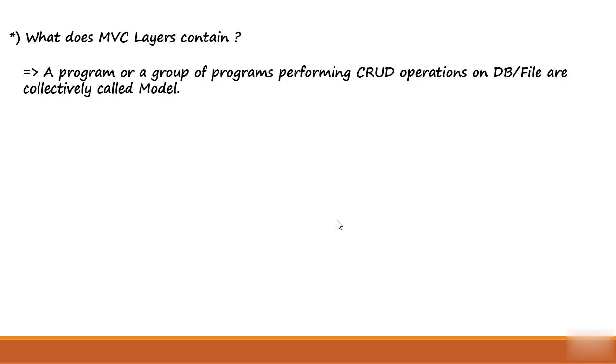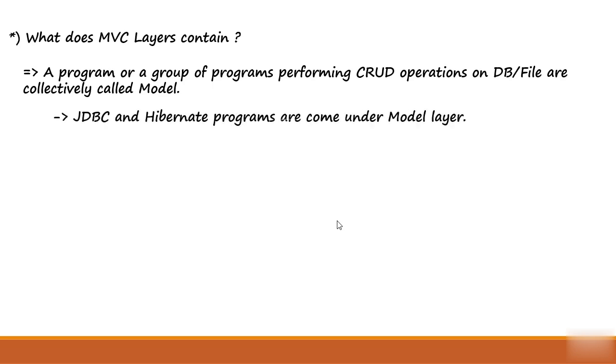We will see a diagram of how the MVC architecture execution flows from end to end. JDBC and Hibernate programs come under the model layer because those logics are persistence logic used to perform CRUD operations on relational databases, either Oracle, SQL Server, or MySQL, anything.